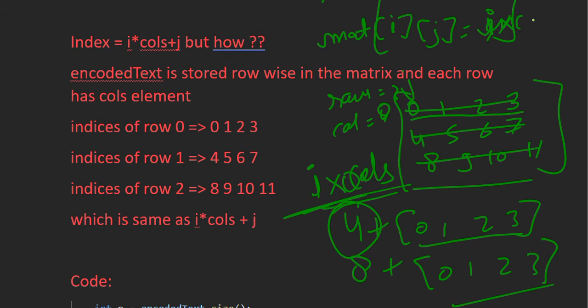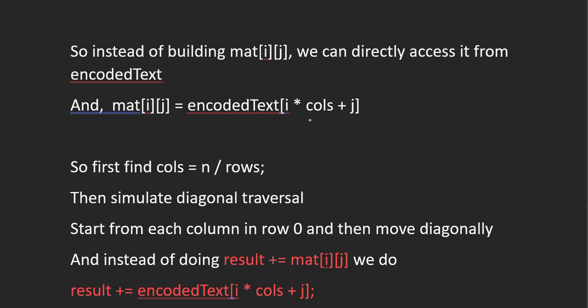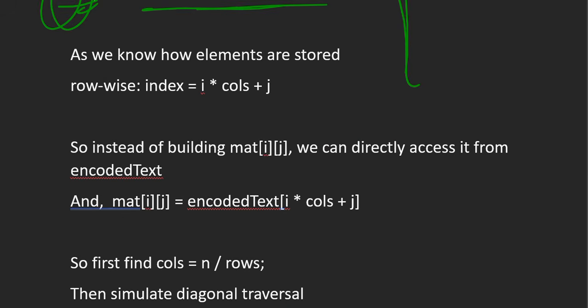It will be encoded text of i times columns plus j. So we get index of encoded text is equal to i times columns plus j. This I have already told you, how we got it.